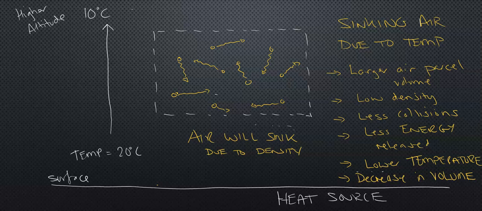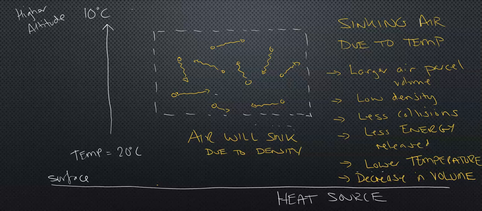And what you have is you get less collisions and less energy release, therefore it creates a lower temperature, and that also creates a decrease in the volume. So this air parcel that once was bigger and more buoyant and rose up because of the heat added, because the heat is not there anymore, it's been removed, the volume of the air parcel decreases and the density increases.